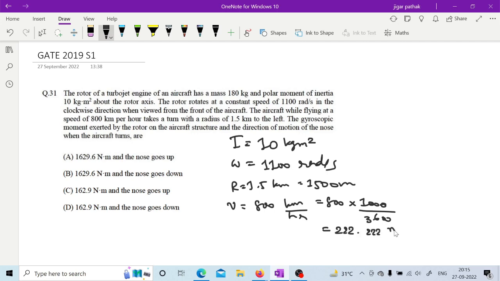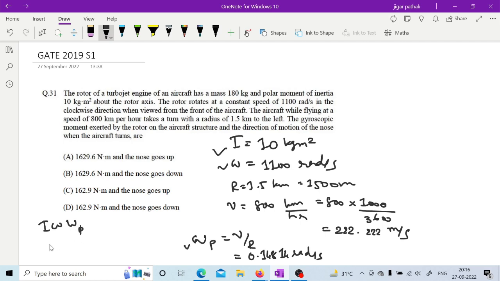222. Okay. Once you have all this data with you, omega p can be calculated as V by R. So what is omega p then? Sir, 0.1481. Yeah, so 0.148 radian per second. Once you have I, omega and omega p, you can calculate your gyroscopic couple.